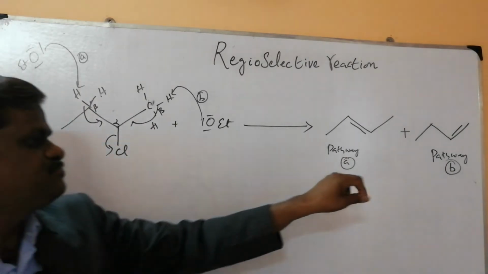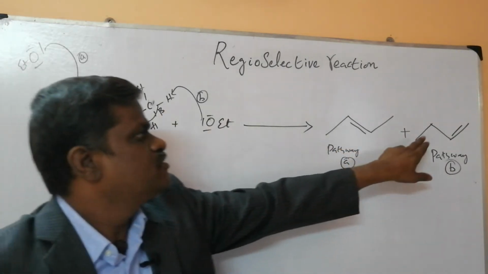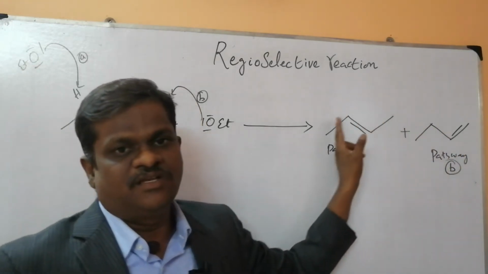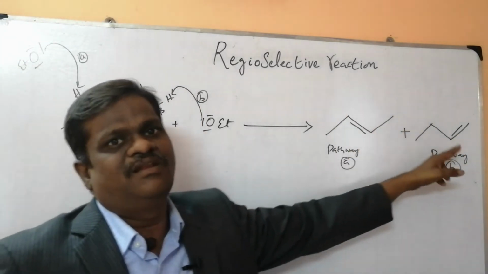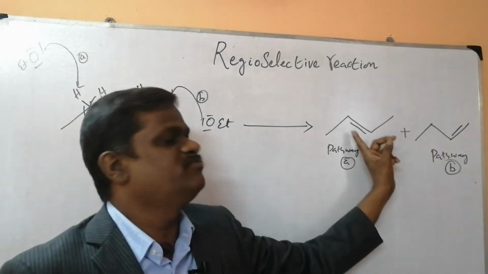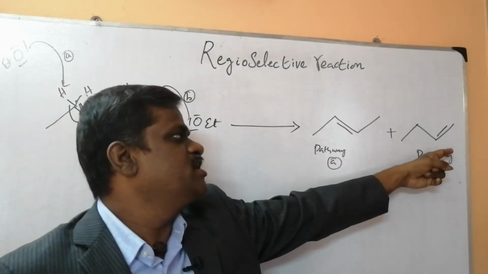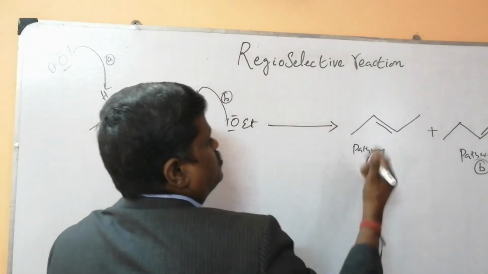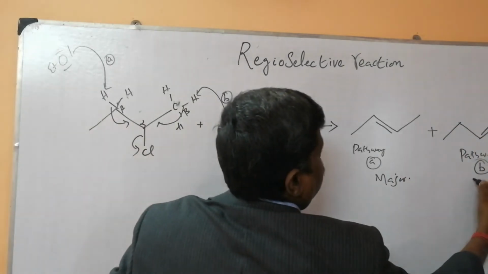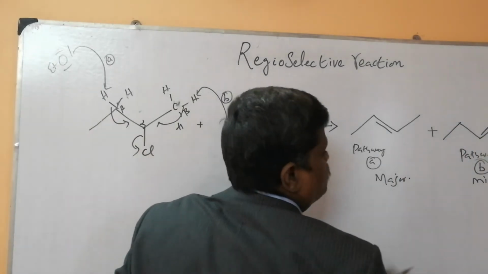You see here, this is 2-butene and this is 1-butene. Both are regioisomers or positional isomers. Only the position of the double bond is changed. This is the major product, but here this is your minor product.